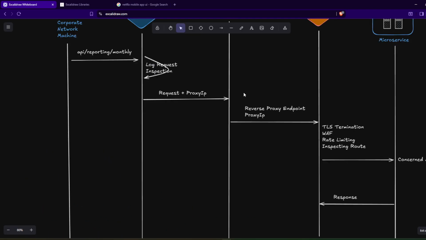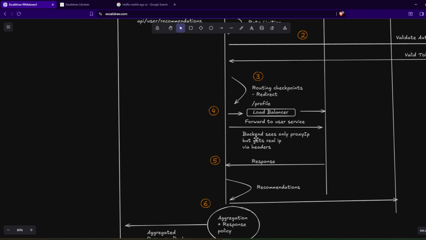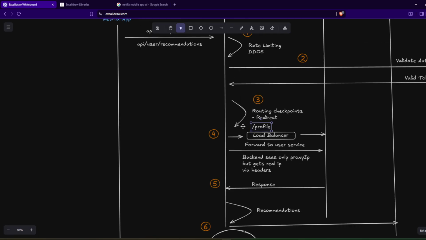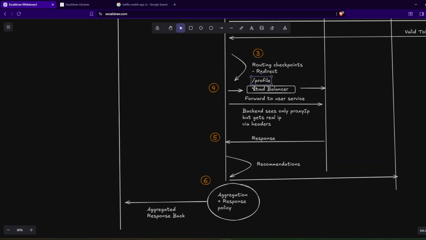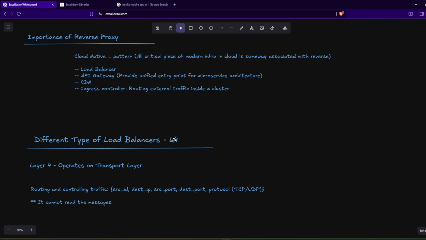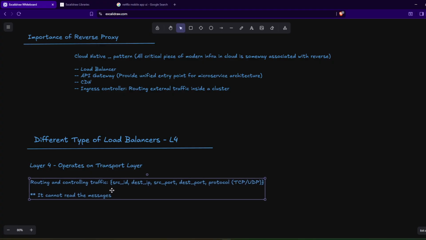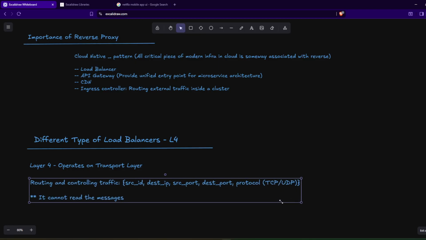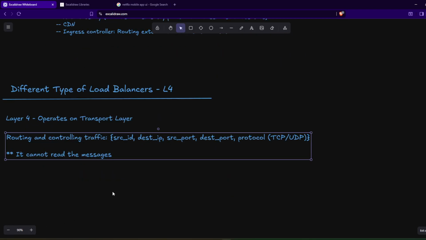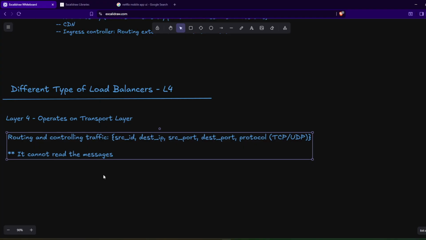For example, if you remember, we were discussing some routing checkpoints, whether it goes to slash profile or slash recommendation. This kind of decision cannot be taken by the L4 load balancer, because it only has access to a few things like the source IP, destination IP, source port, and destination port.